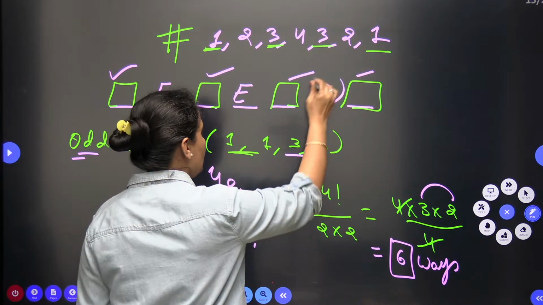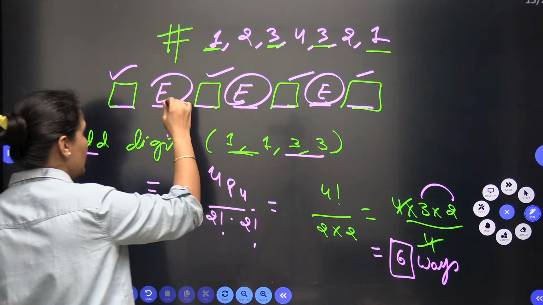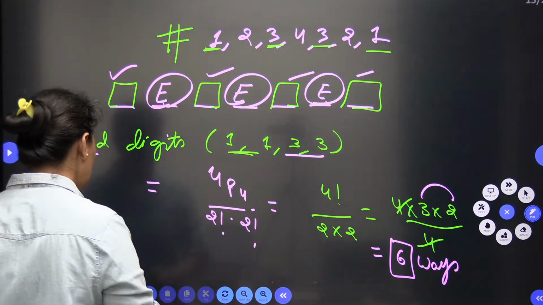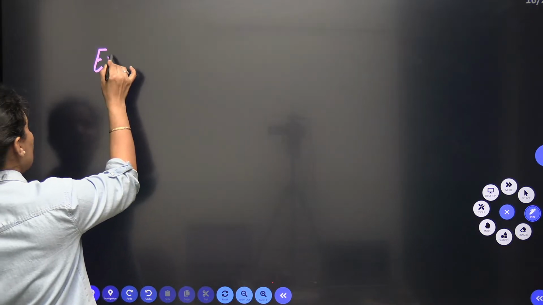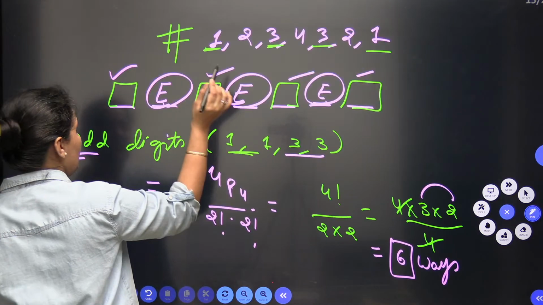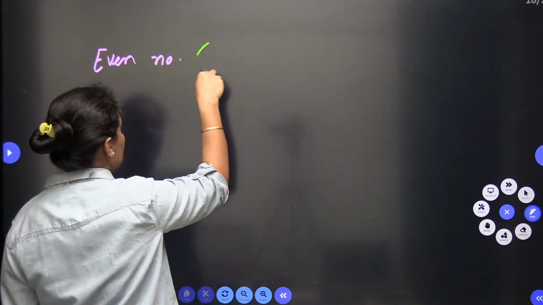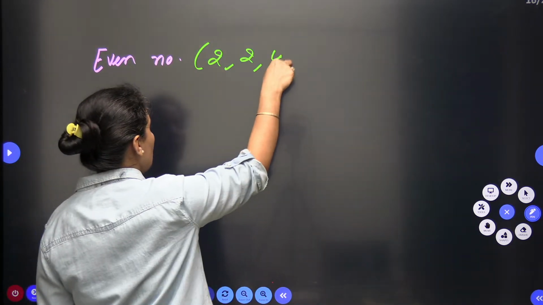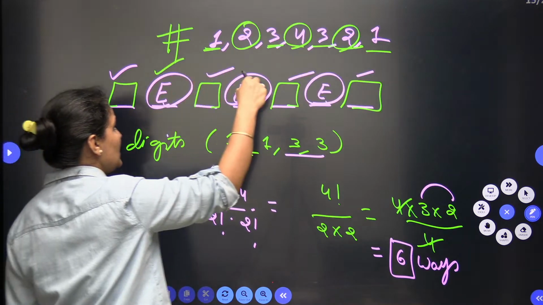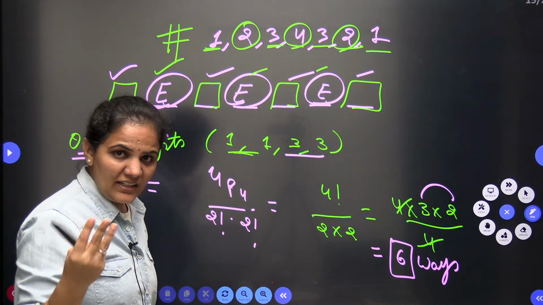So it will be even, even, even. Let's see the arrangement of even digits also. Here I have 2, 4 and 2 as even digits. So 2, 2 and 4 are your even digits. We have 3 places and 3 digits.